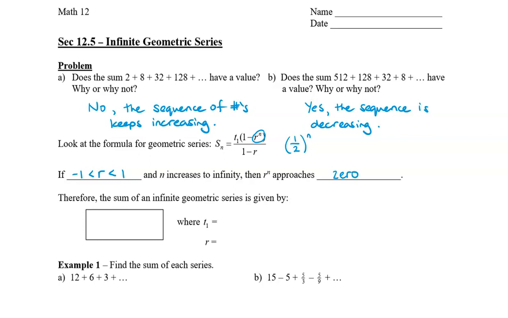And you can try this out on your calculator if you like. So if you go half times half times half, you'll see that the number gets smaller and smaller. So knowing that r to the n is approaching 0, that means we wouldn't have this number here. So then we would have 1 minus 0, which is still 1. So in the numerator of this formula, we now would have t sub 1, all divided by 1 minus r.